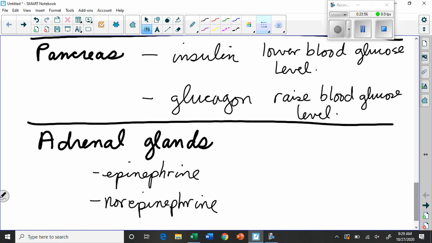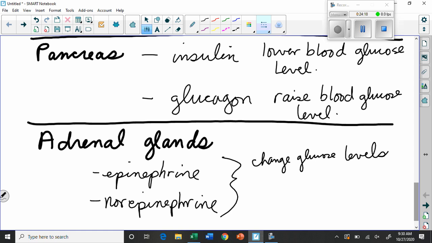Let's just put down together. Let's put down the change glucose levels. I'm writing that kind of small, sorry.